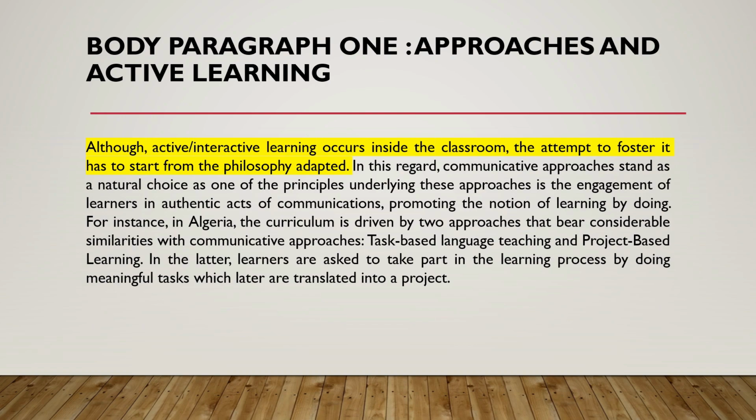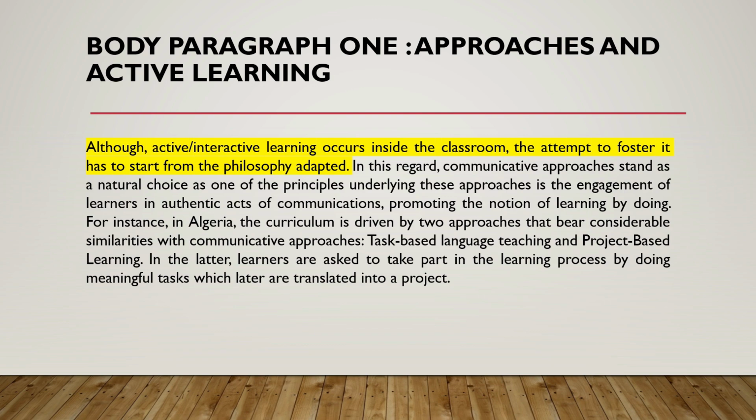So let's see what my real body paragraph is. It's like this. That sentence, which I highlighted in yellow, is missing. What I said was: although active and interactive learning occurs inside the classroom, the attempt to foster it has to start from the philosophy adopted, which is simply the theory or the approach. What I'm doing is trying to convince, and this is what I mean by the rhetoric of writing.